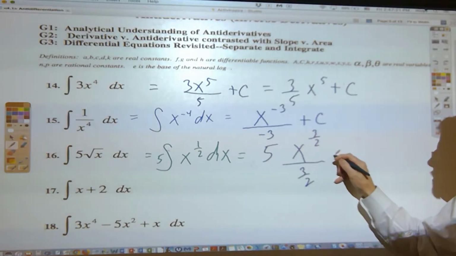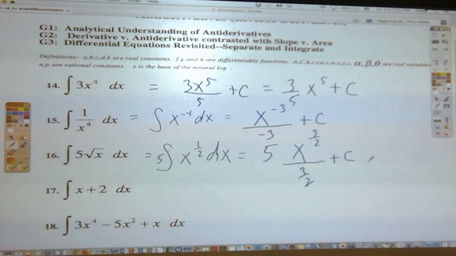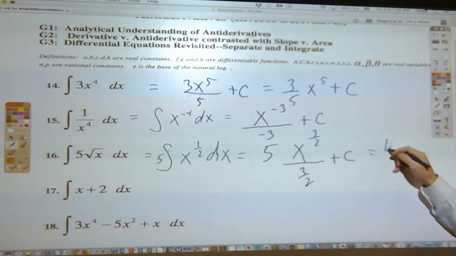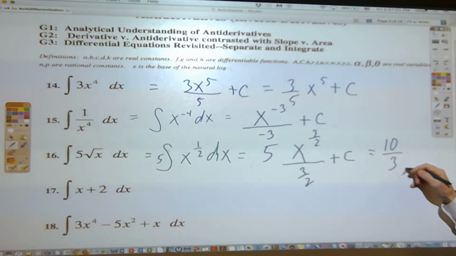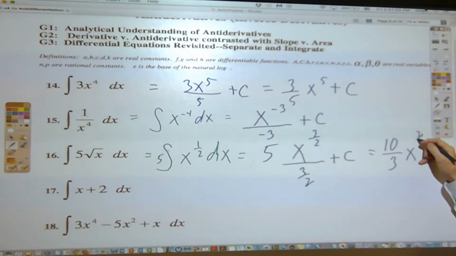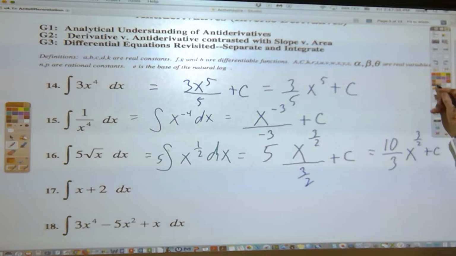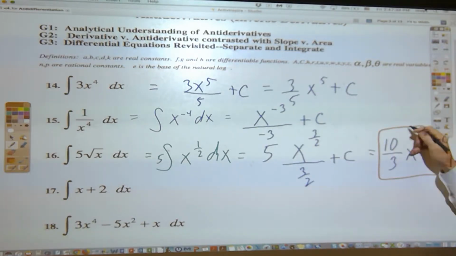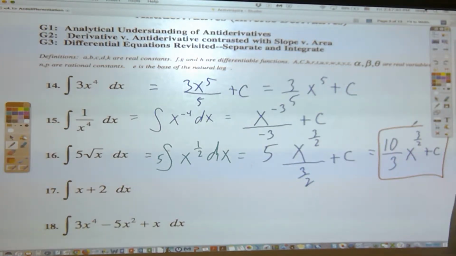It's best not to try to do too much in your head. Add 1 to the exponent, divide by the new exponent. But dividing by a fraction is the same thing as multiplying by the reciprocal. So I'm thinking that 10/3 x to the 3/2 plus c is how the answer is most likely to appear in a multiple choice setting. Are we okay with this one?